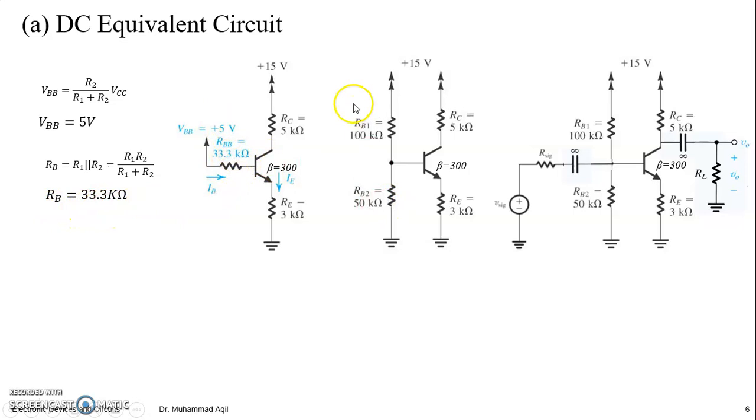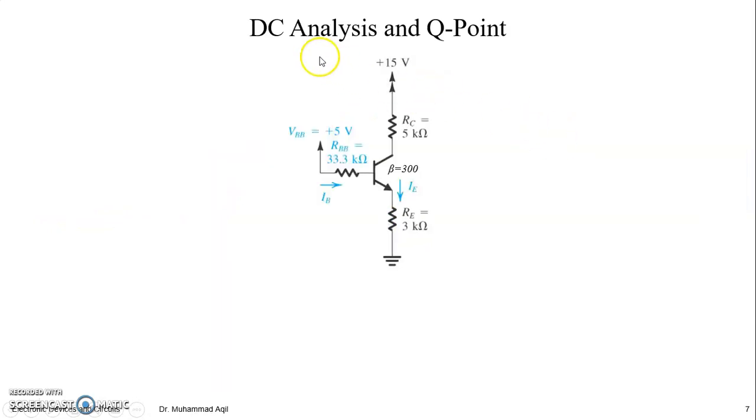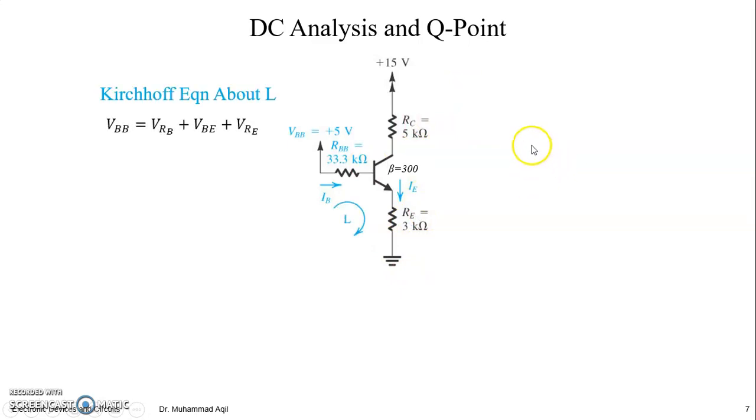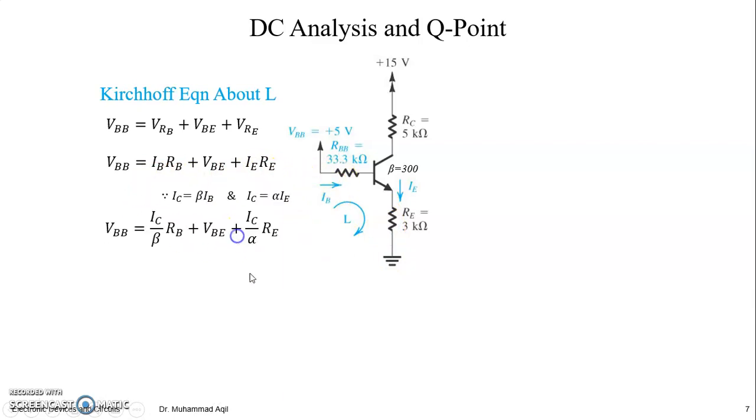So now DC analysis and Q point, I will present abstractly here. For detail, you can go to our previous lectures. So the Kirchhoff's equation about this loop will be this one: VBB = IB RB + VBE + IE RE, right?